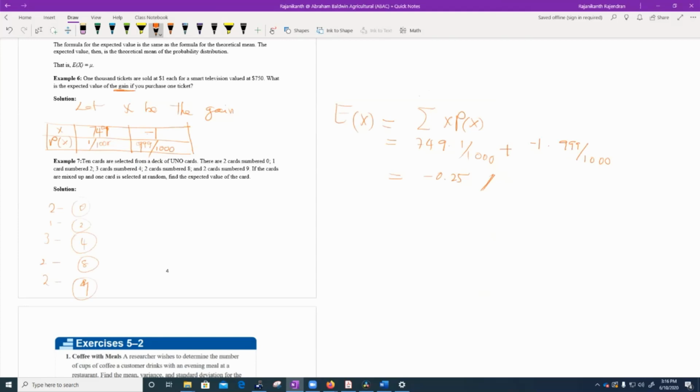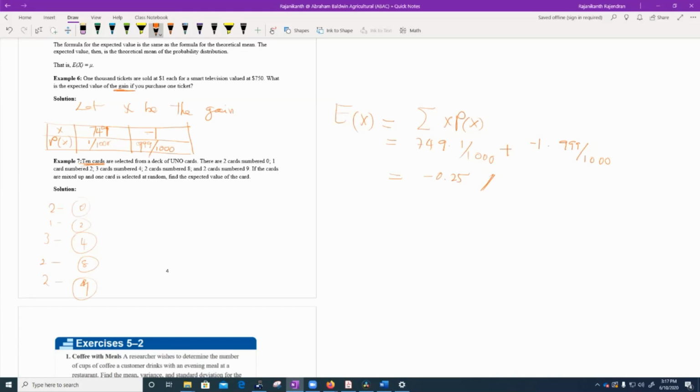There are 5 different values. When you add all, you will get 2 plus 1 is 3, plus 3 is 6, plus 4, 10 cards in total, right? So that's correct. They're telling us that there are 10 cards.